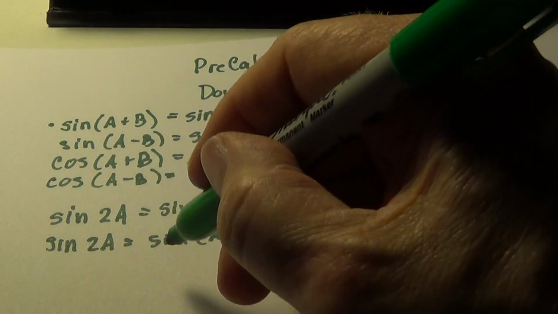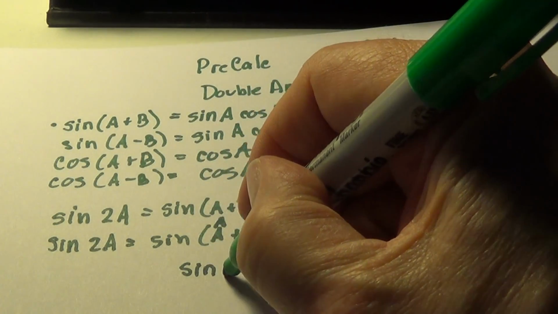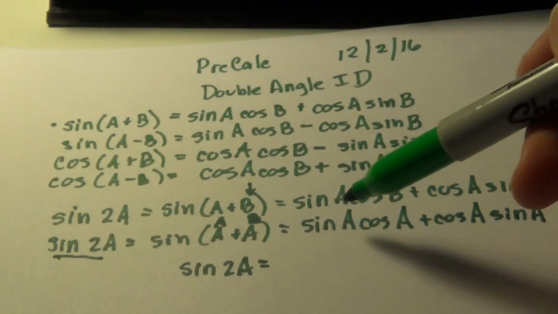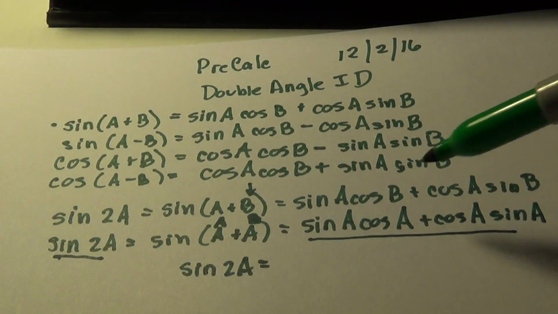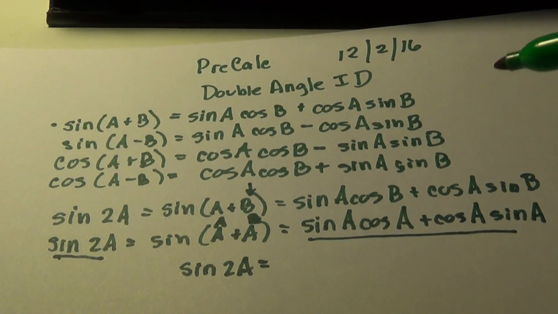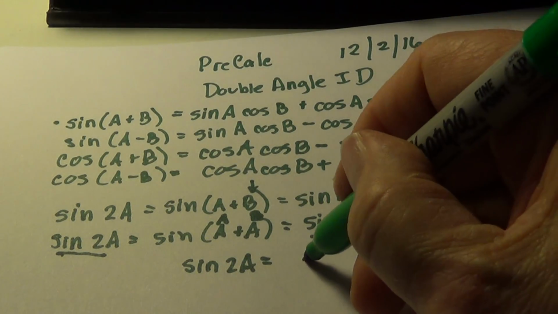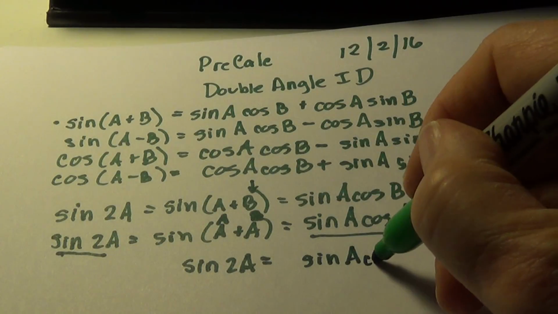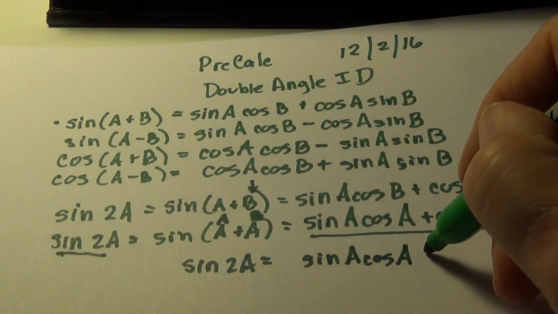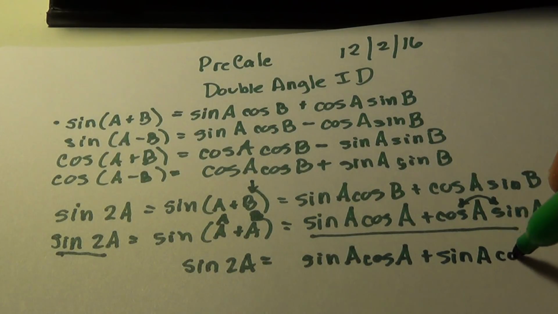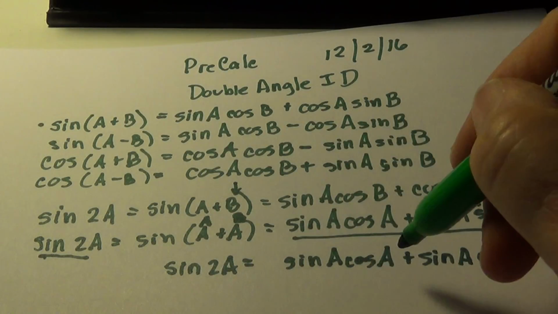Can we simplify that? Sine of 2A, that's from here, equals this. We see this is sine A cosine A, plus cosine A sine A, so I can change the position of the factors in the last expression. That's the commutative property for multiplication. And then I see I have like terms.